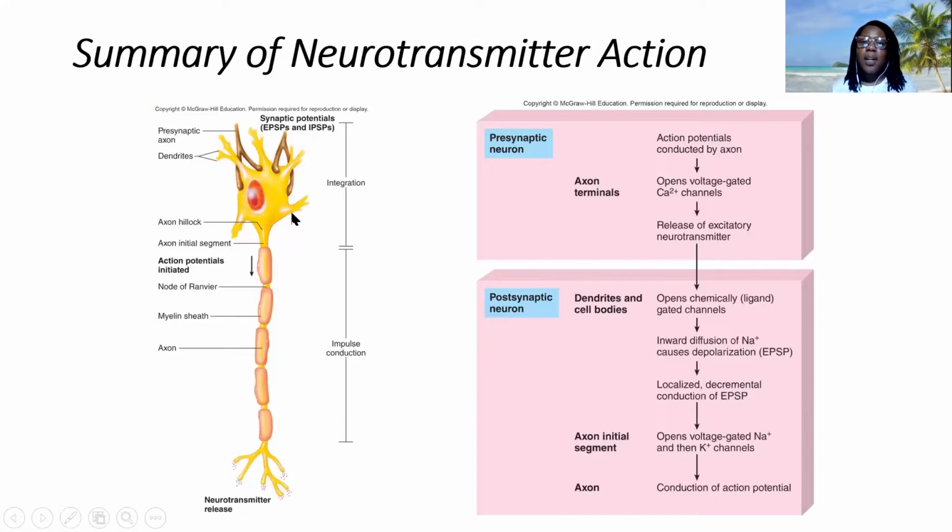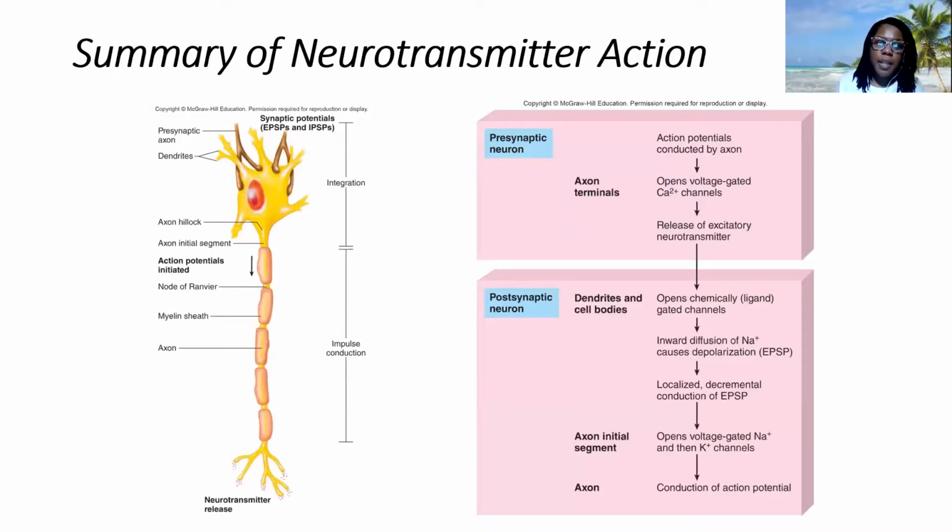So frequency coding, I said, is also influenced by summation. If we're able to add graded potentials together, it's going to lead to more frequent action potentials because we're going to get to that threshold value more quickly, more frequently. And so we're going to generate action potentials faster down the length of that neuron. It also takes into account the type of graded potentials.